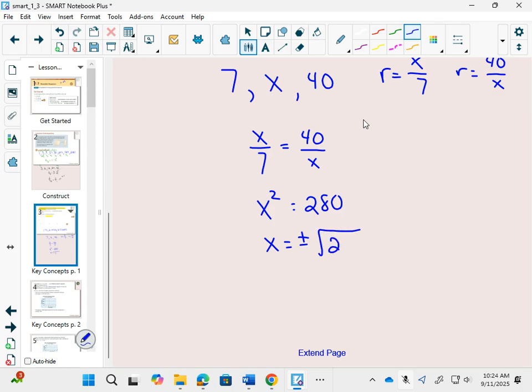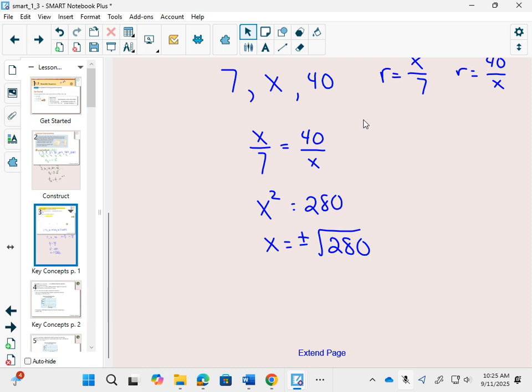By square root, I was multiplying by plus or minus the square root of 280. Not something you probably would have guessed and checked. It's like 16 point something, 16.8, 16.9. Not a nice number.